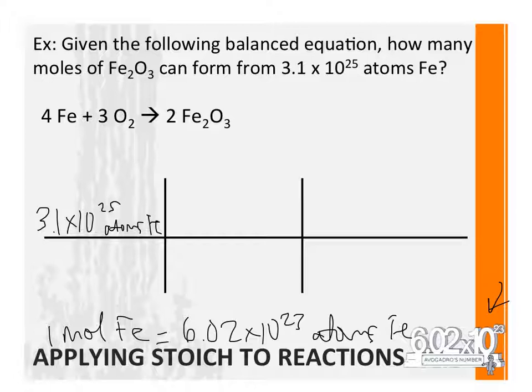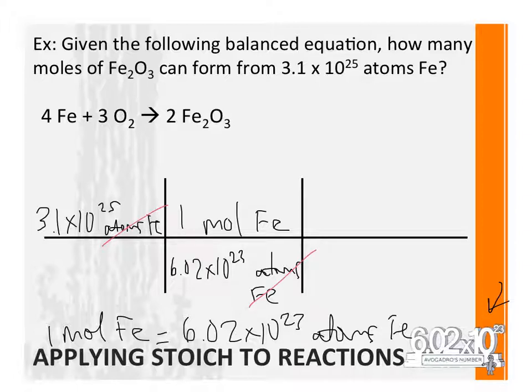So I'm going to pick a denominator and I'm going to throw 6.02 times 10 to the 23rd so that it can cancel out, so that'll be the denominator, and that's the number of atoms in 1 mole of iron. So now atoms of iron cancel out.